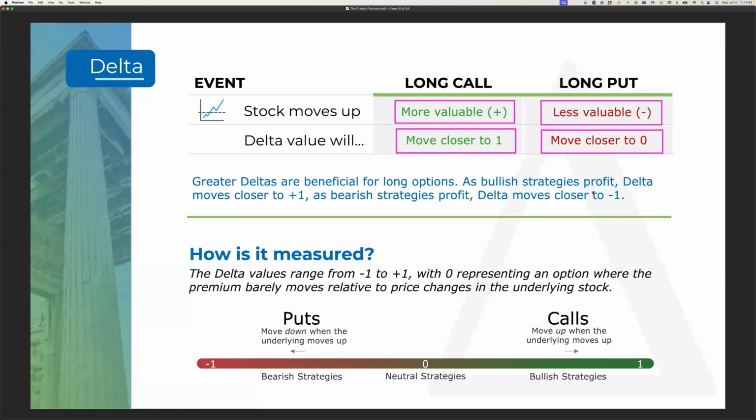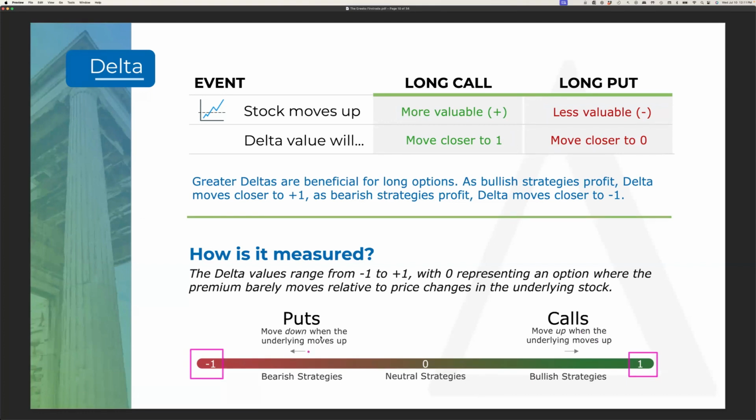Bullish strategies will profit from deltas moving closer to 1, and bearish strategies will profit as delta moves closer to -1, because the closer the relationship is to 1, the better for calls, and the closer it is to -1, the better it is for puts.